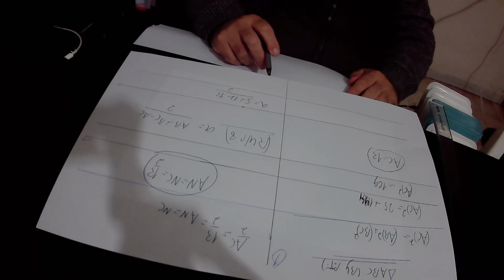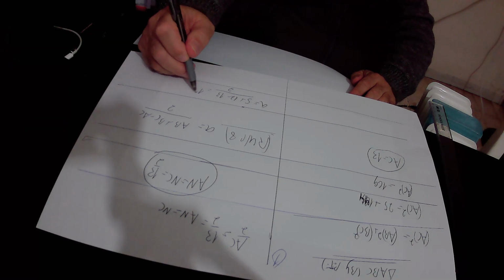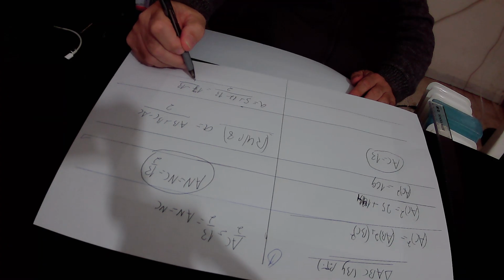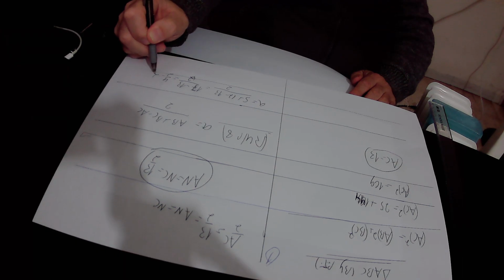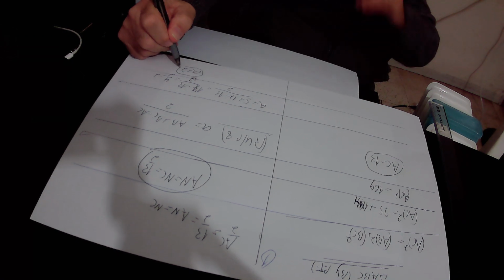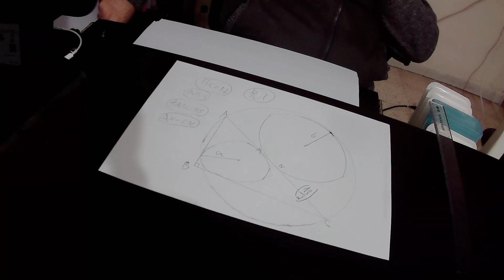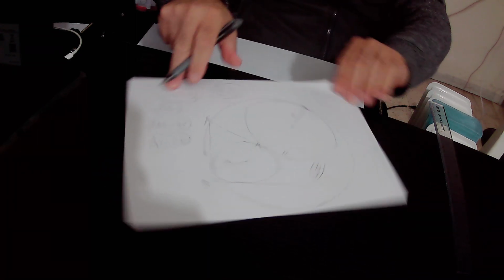So the radius A equals 5 plus 12 minus 13 over 2. 5 plus 12 is 17, and 17 minus 13 is 4, and 4 over 2 is 2. So we found out that the radius A equals 2 units.